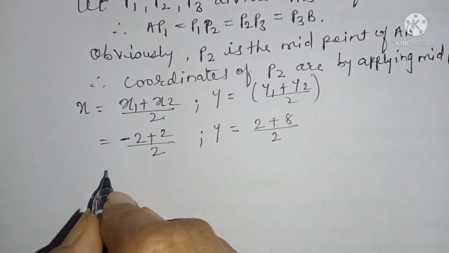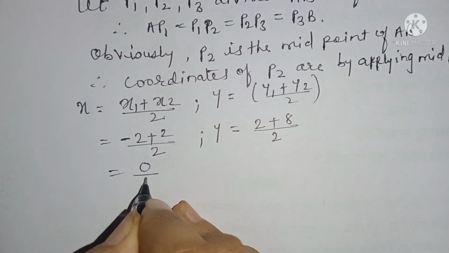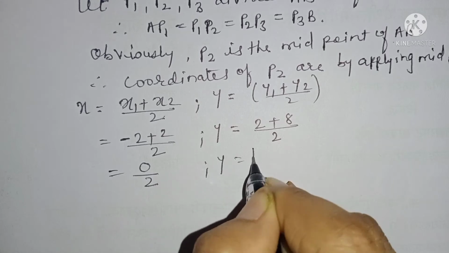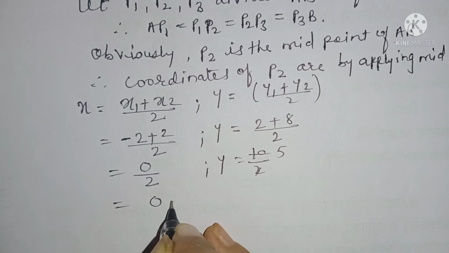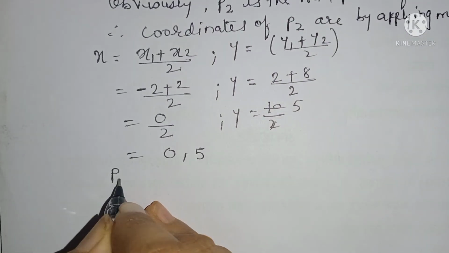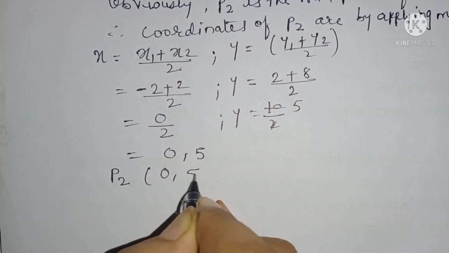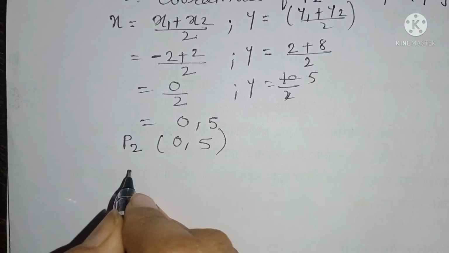So the coordinates of P2 are 0 upon 2 and 10 upon 2, that is 5. So it is 0, 5. So the coordinates of P2 are 0, 5.